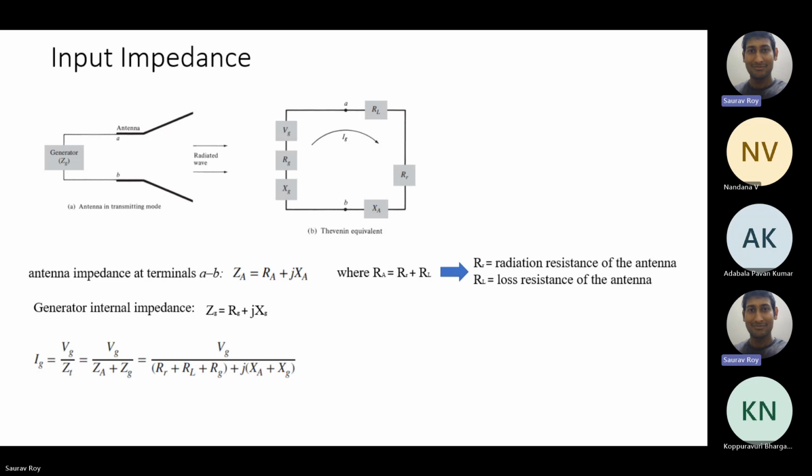If you take the simplified circuit diagram, the current IG is given by VG divided by ZT, where the whole impedance comes from the generator part as well as the antenna part. That determines how much current will flow from the generator to the antenna.